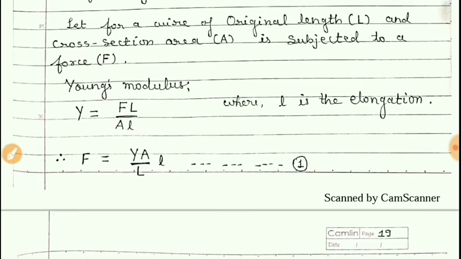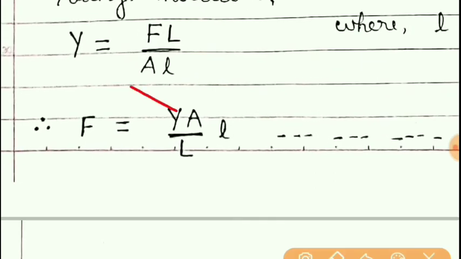Students, this Y, Young's modulus, for any given material is constant, and when we consider the Young's modulus, we consider the area as constant. We consider that the area has not changed.